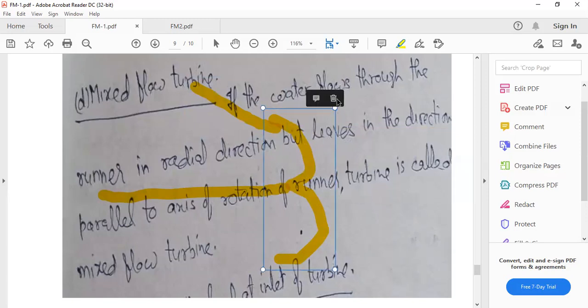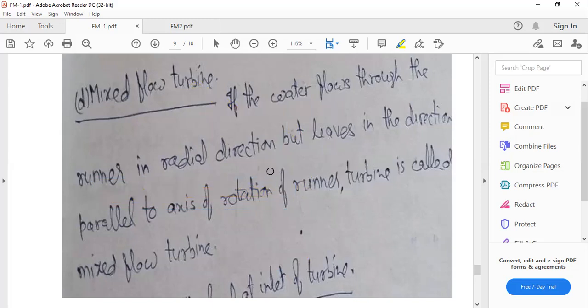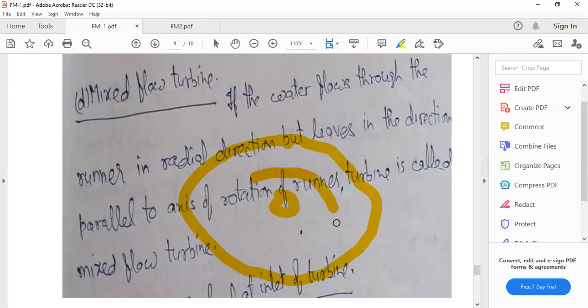Then we have radial flow turbines. If the water leaves in radial direction, what happens in this? Suppose like this. Okay. The diagram of these types of turbine is like this.